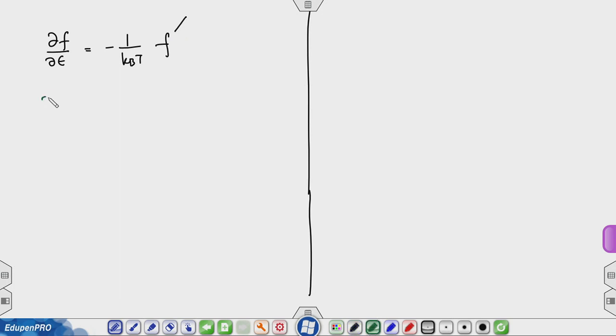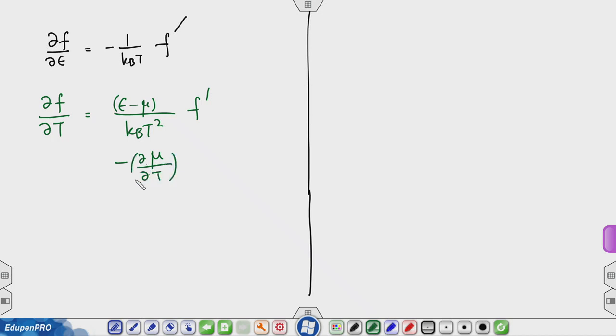Let's look at del f del T, which was epsilon minus mu over kBT square f prime minus d mu dT 1 over kBT f prime.